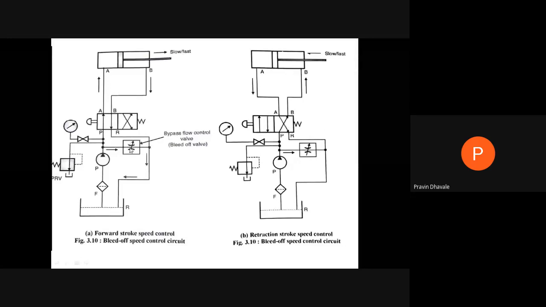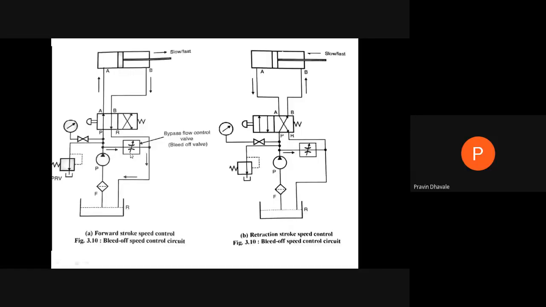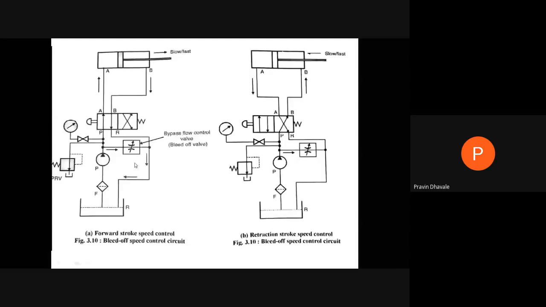It is not mounted at the inlet of the cylinder, nor at the piston. It is mounted in a bypass line of this circuit. So in the case of a bleed off speed control circuit, we mount this flow control valve in the bypass line of the circuit. How does it work?